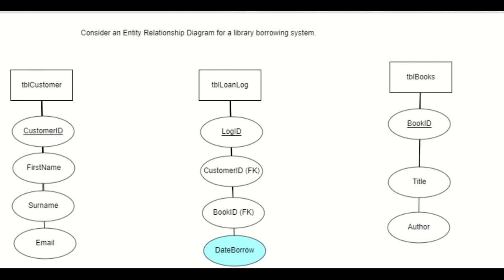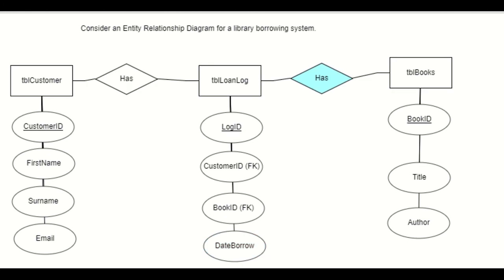Okay, the next thing we need to do is finish this off by looking at these relationships. What we need to think when we're setting up this relationship is what the cardinality is between our tables. So what we need to ask is, what is the maximum number of loans a customer can have? One customer can have multiple loans because he can borrow books many times from the library.